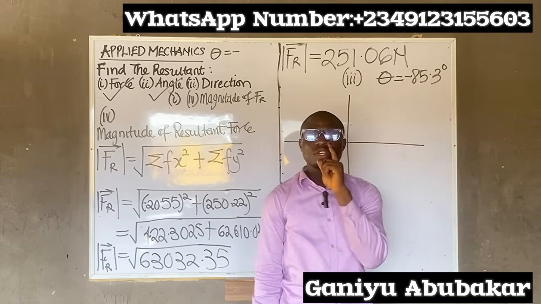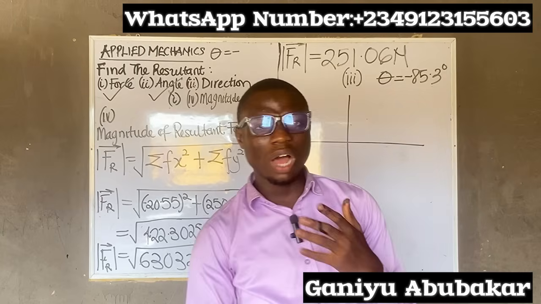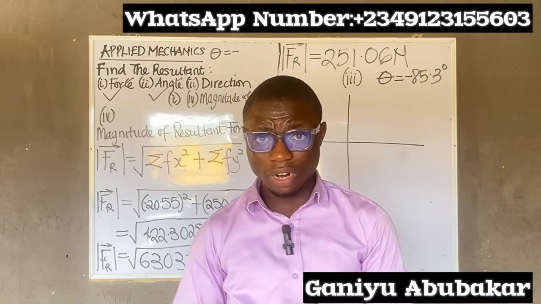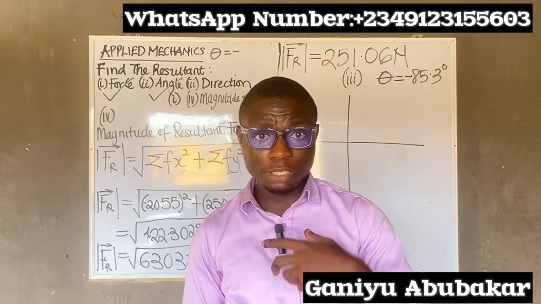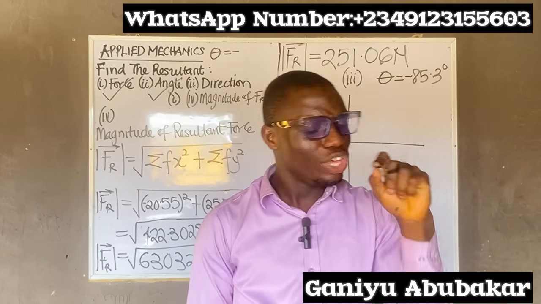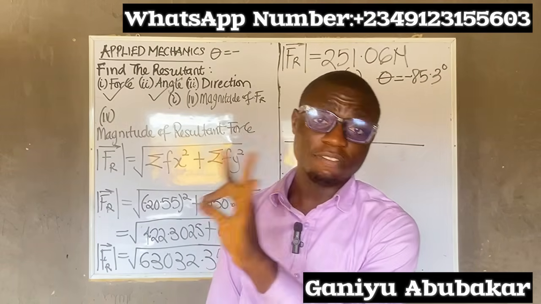Now listen. We said the answer to theta was 85.3, but initially it's meant to be negative. Because an angle cannot be negative, we ignore the minus and put a positive value.